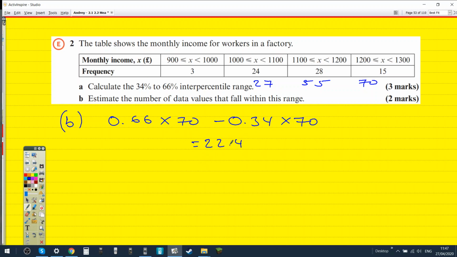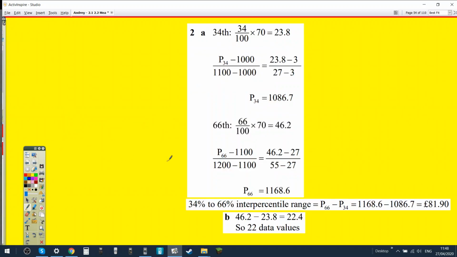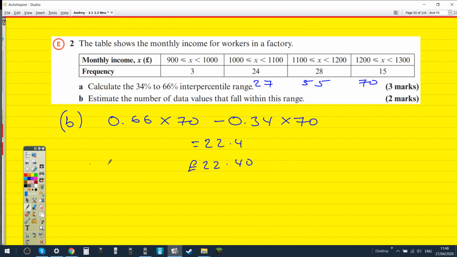22.4. What is this? Is it measured in anything? So roughly 22 data values. The number of data values that fall within this range.